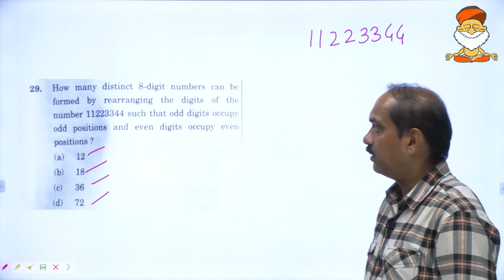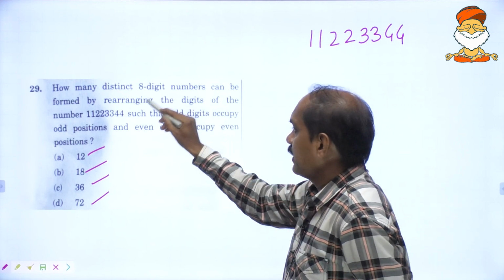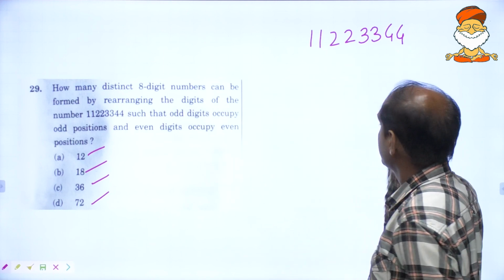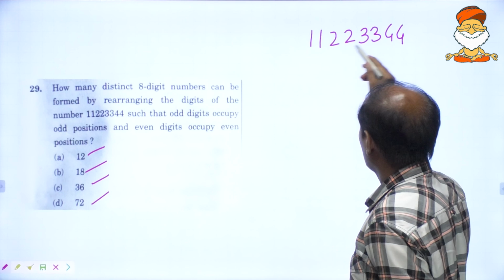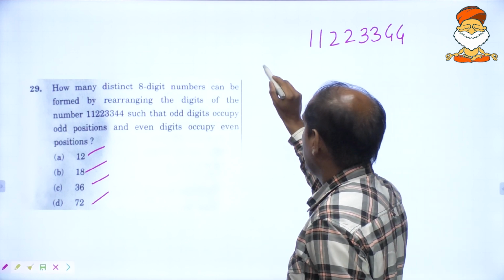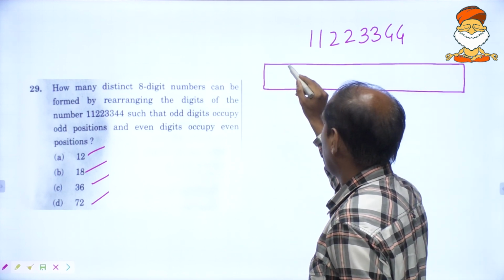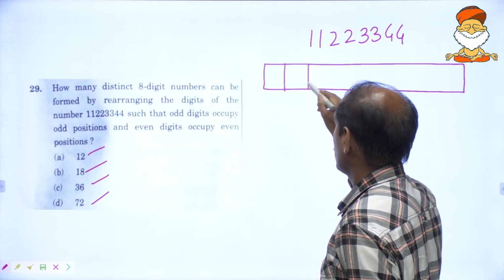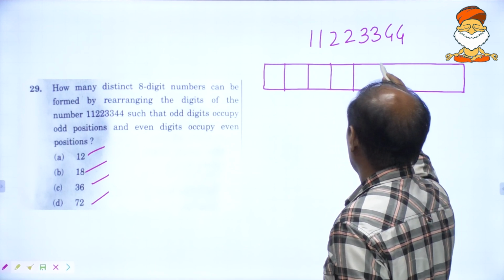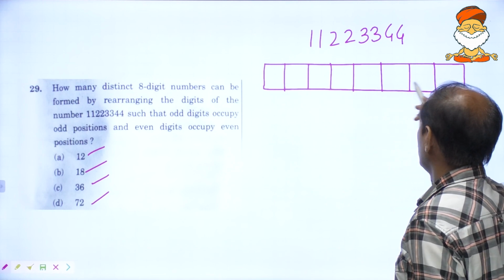So, how many different 8-digit numbers can we write? See, these are the 8 digits, and you will have to use all the digits. You will have to fill up all these 8 cells, 1 to 8. 1, 2, 3, 4, 1, 2, 3, 4.